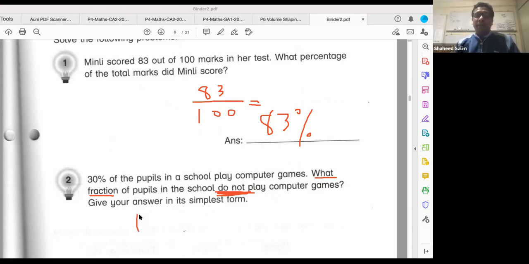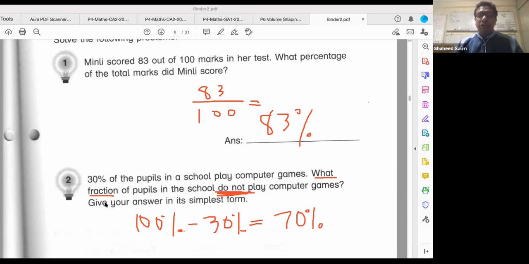So now, if you want to find, 100% is all the students. 30% play computer games. So the answer is 70% don't play computer games. But if you write 70%, you'll be wrong because they ask you for a fraction, so it must be 70 over 100.